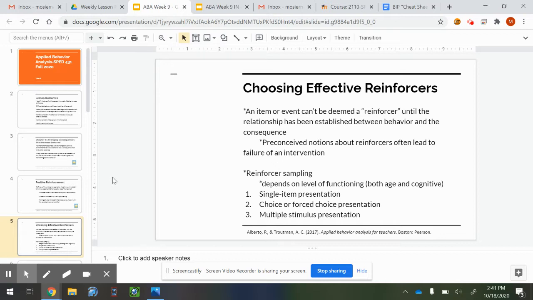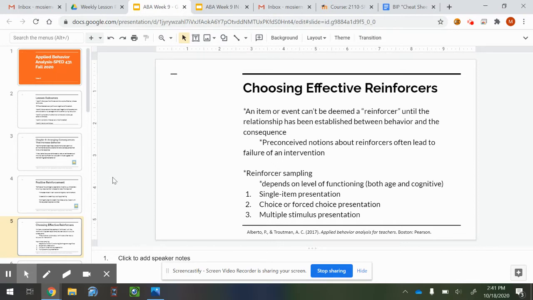Preconceived notions about what is reinforcing to students is one of the main things that can lead to failure of an intervention. We have to keep in mind that not all students are reinforced by the same things, just as we as adults are not reinforced by the same items or events.